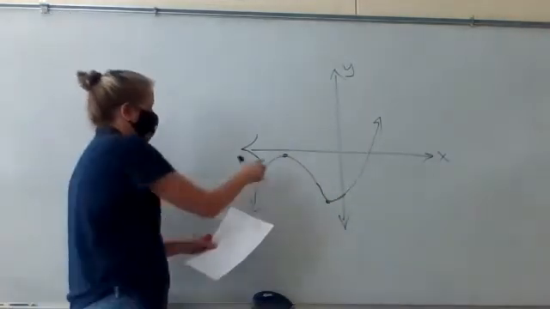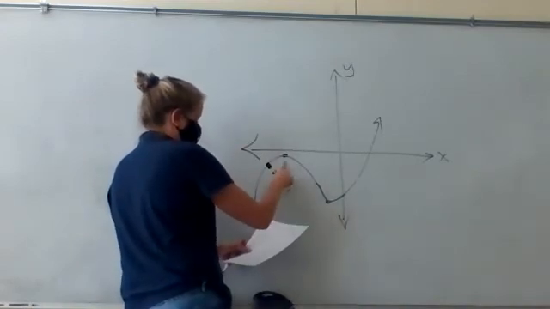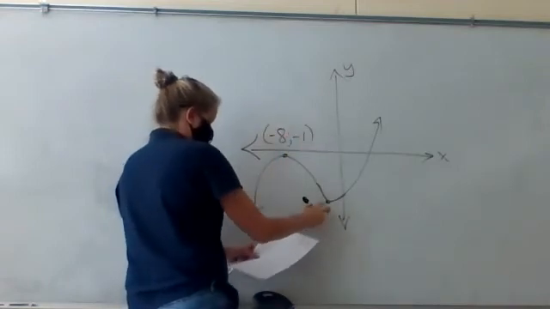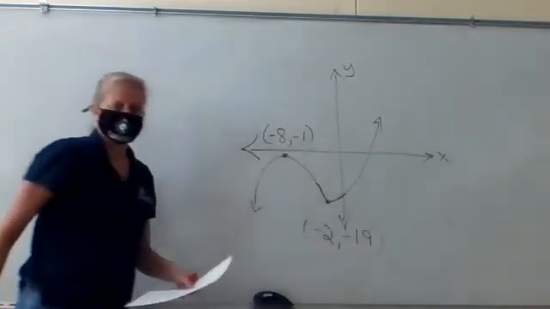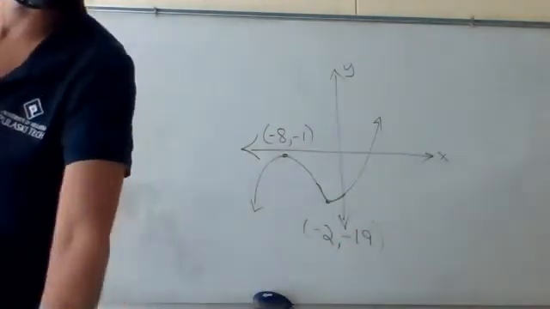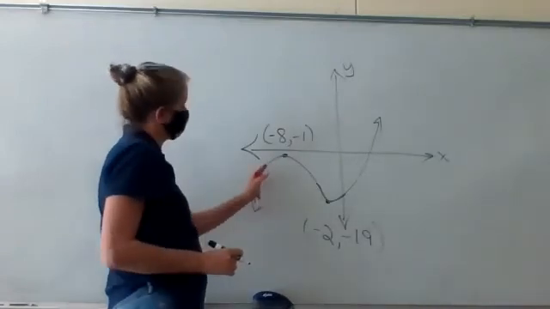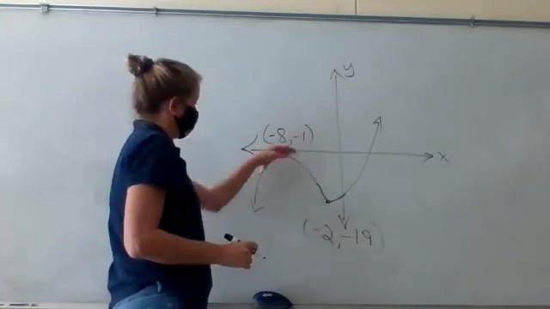Okay, so it tells you what these 2 points are, which is the numbers that you need. This point is at -8, -1. This point is at -2, -19. This is called a relative maximum because it's at the top of a parabola part of the graph.